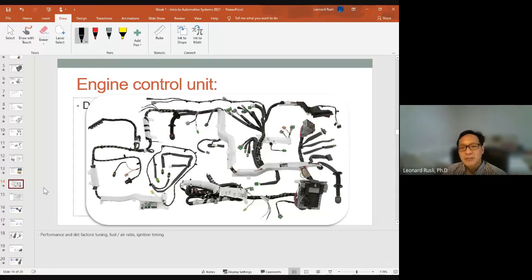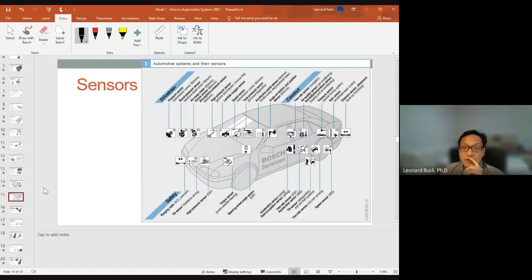Okay, it's a typical engine wiring harness. This is just the engine, not to mention the airbags and every other accessory in your car. The engine control unit controls more than just running the engine. It's also connected to accessories.